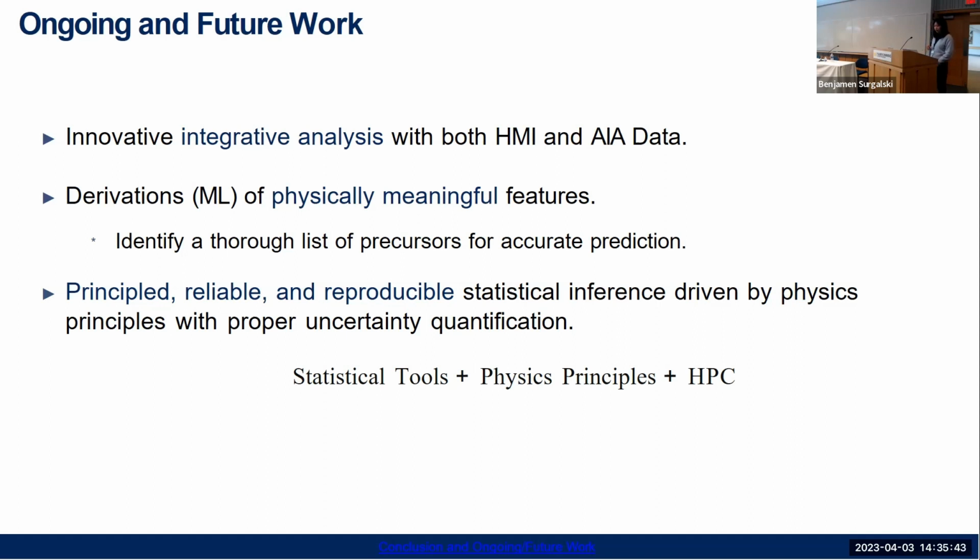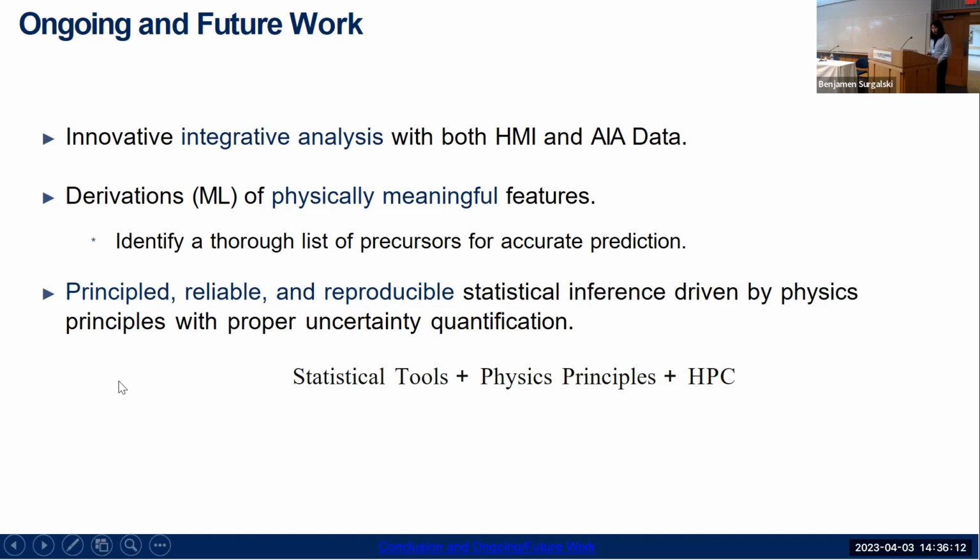And we want to have physically meaningful features derived. Our collaborator from the space science department has been actively looking into all of the cases that we identify as very special, and doing case studies, trying to study the physics of all of those eruptions that we identify. Those have been really interesting, and it's ongoing work.